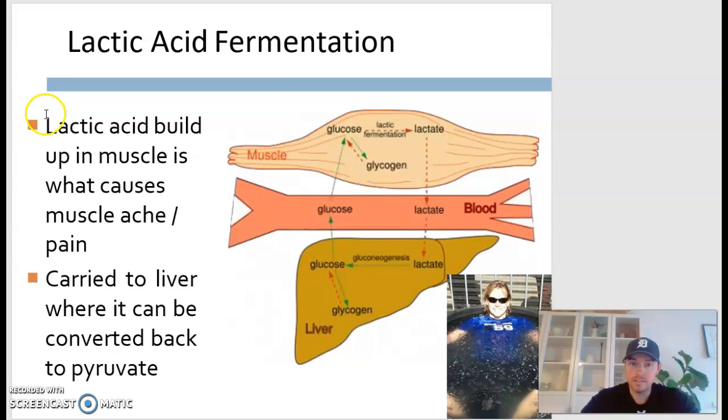So lactic acid will build up in the muscles, but it can also be converted back into pyruvate. Once that lactate builds up in the muscles, it'll go into the blood, the circulatory system will carry it into the liver, and that lactate in the liver will in turn get turned back into pyruvate, and then it can get turned back into glucose.